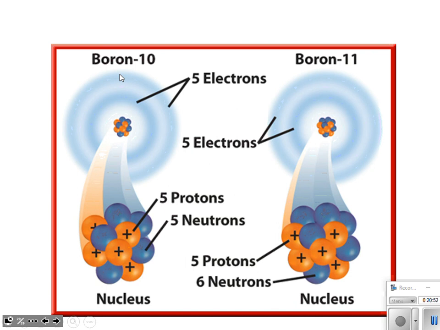Okay? So right here are 2 boron isotopes. Now look at your periodic table. What is the atomic mass on your periodic table? The atomic weight of boron. It is 10.811, right? Which rounds to 11, so the most common isotope of boron is going to be what? Boron 11. Okay?